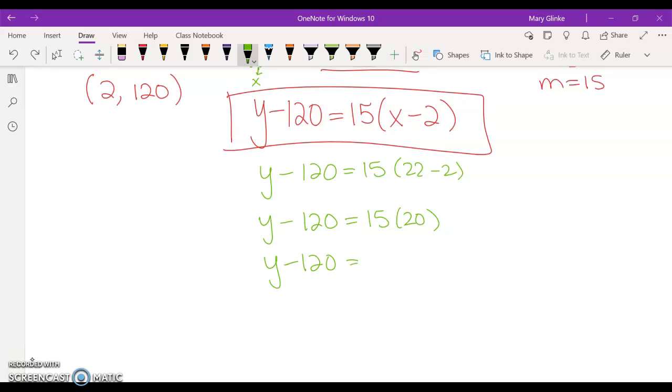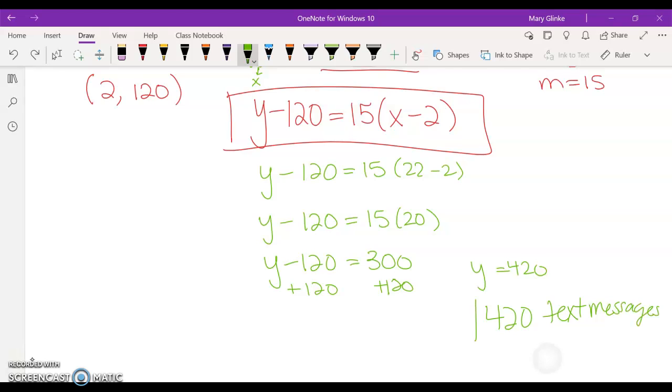So we would get y minus 120 equals 300. So y would equal 420. So he would have 420 text messages if that rate kept up for 22 days.